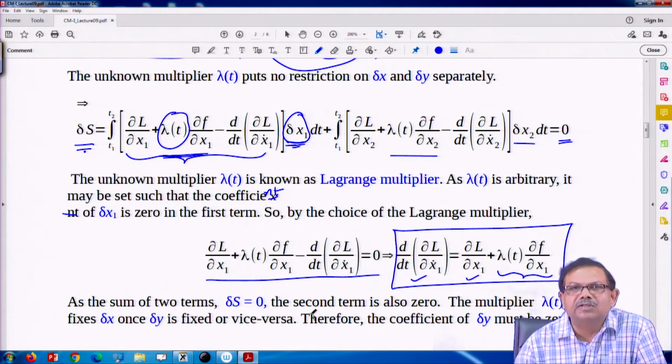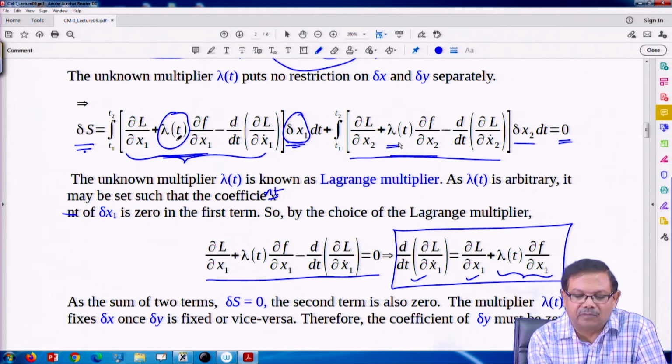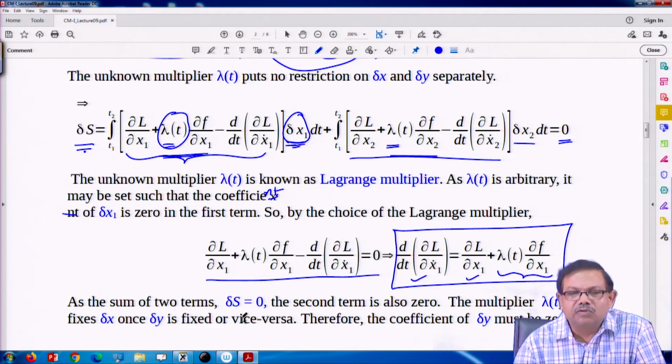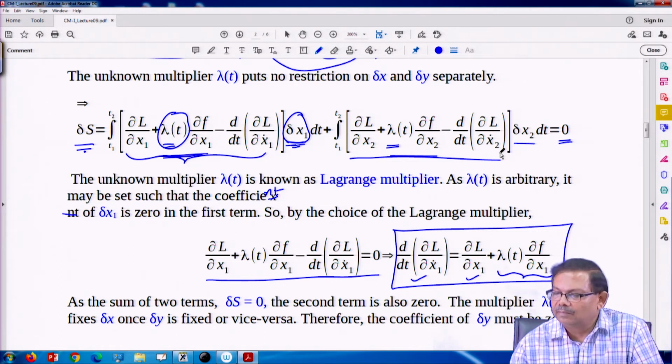Now, the sum of these two terms is always 0, and the first term is set equal to 0 by choosing my lambda. I cannot touch lambda here; this lambda is fixed once I have fixed lambda there. The sum of these two terms is 0 and the first term has become 0. So, the second one should also be 0, there is no other alternative.